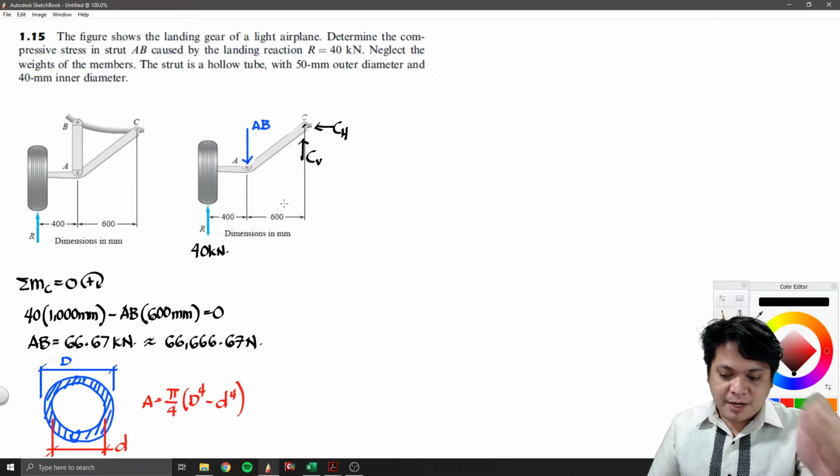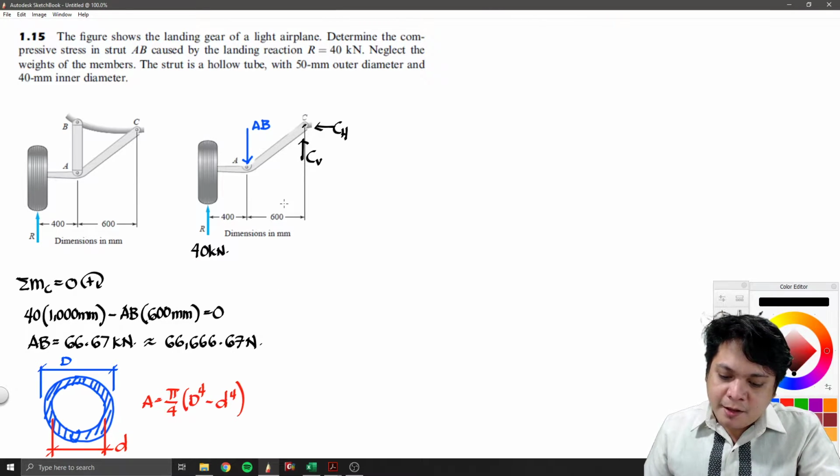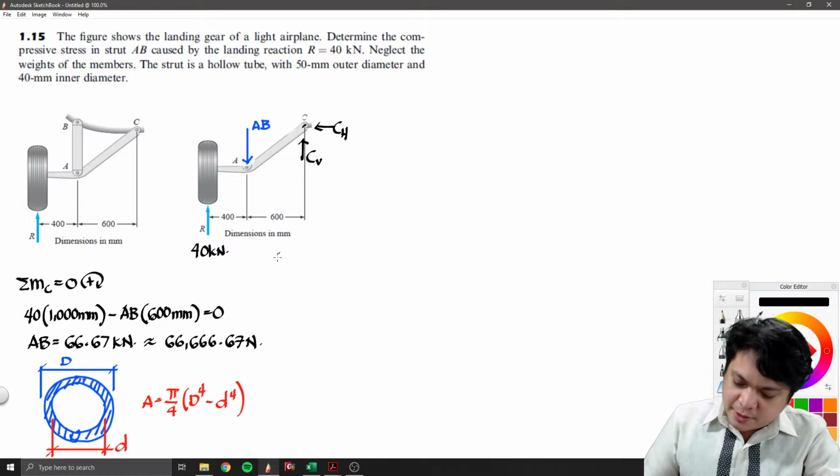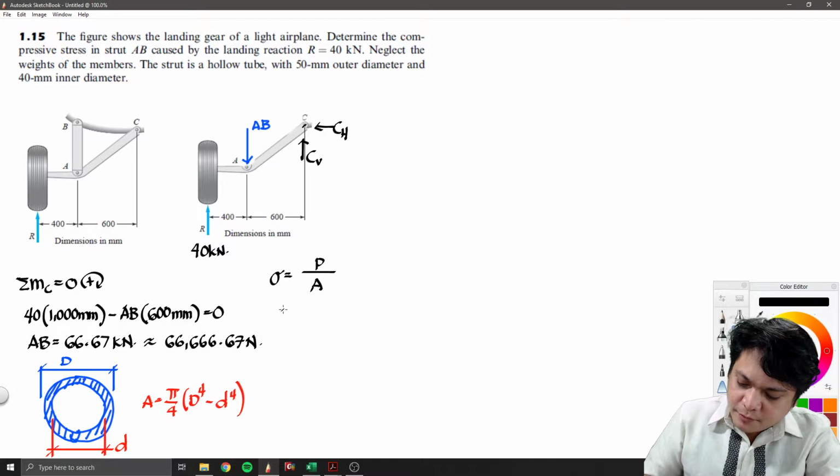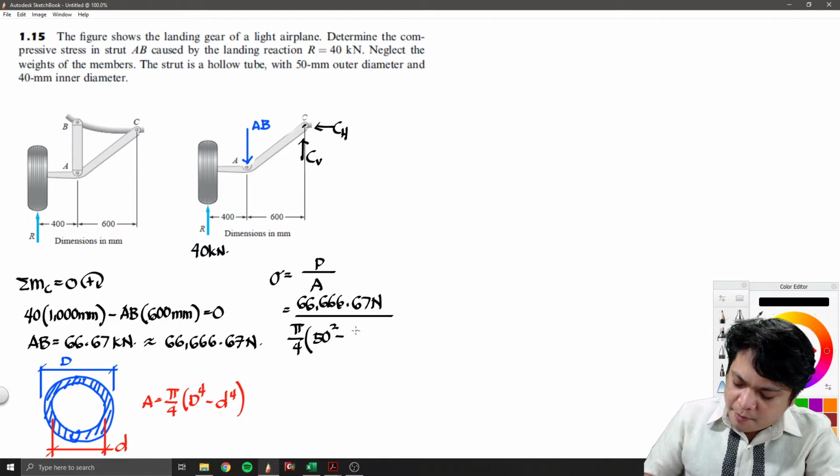What we are looking for is to determine the compressive stress. So we will have force P over the area. We already have P, that is 66,666.67 Newton, divided by the area, pi over 4 times 50 squared minus 40 squared.